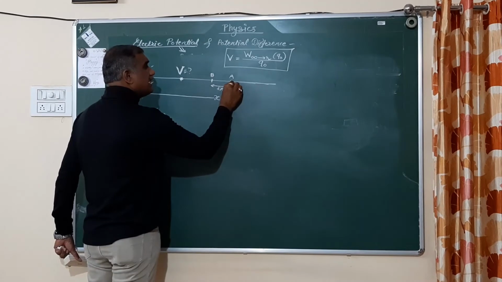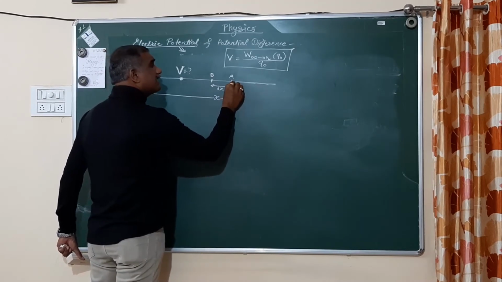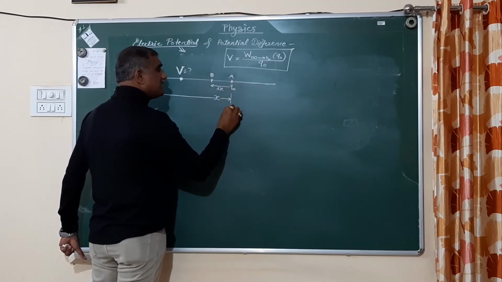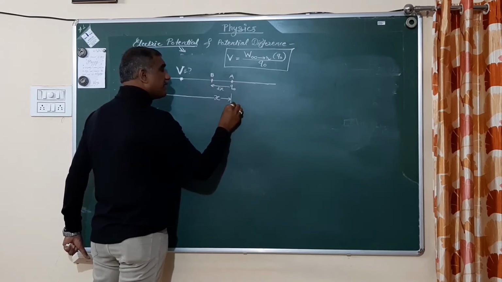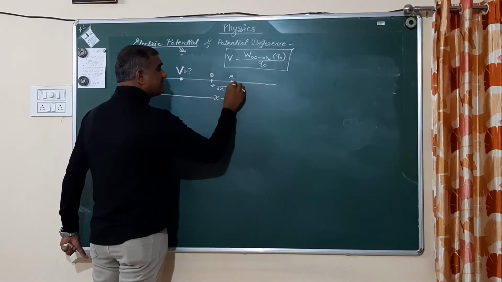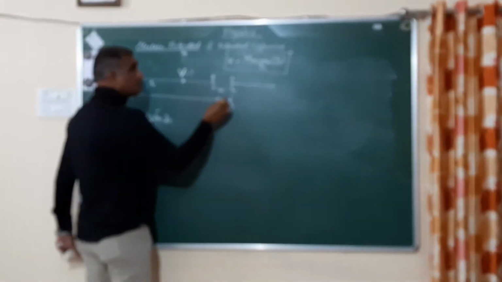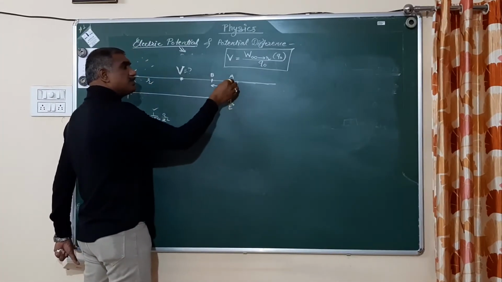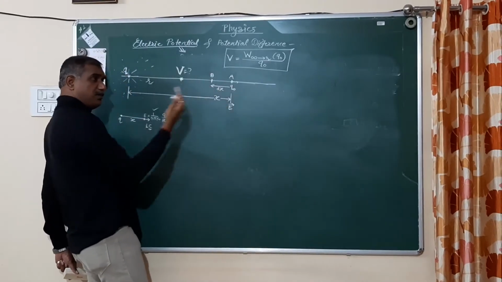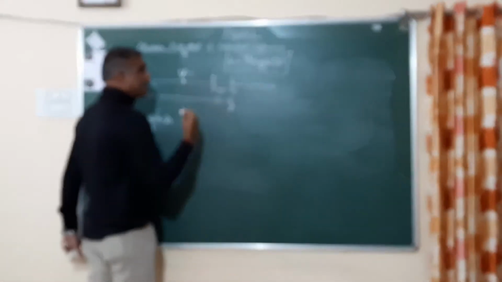At the position A, the electric field intensity is equal to E, and it acts in the outward direction. I have to apply the force to move the charge Q0 from this position to this position. That means I have to apply the force towards your left direction.